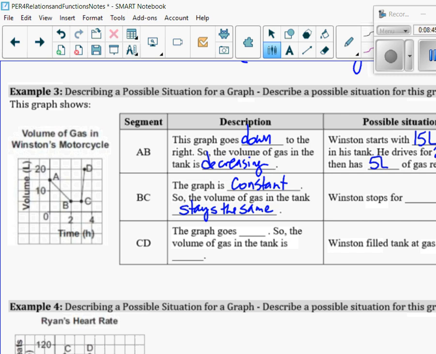If the gas didn't change, what happened? He stopped for an hour, 1 hour. And then from C to D, the graph goes up. So the volume of the gas in the tank is increasing. What do you think happened? He went to the gas station, yeah, and filled up. Okay.